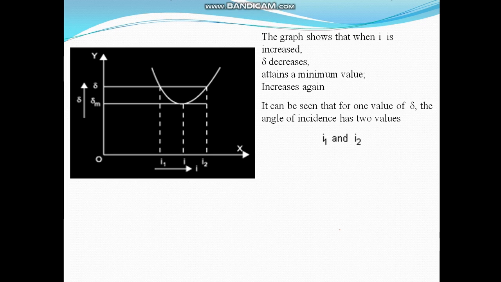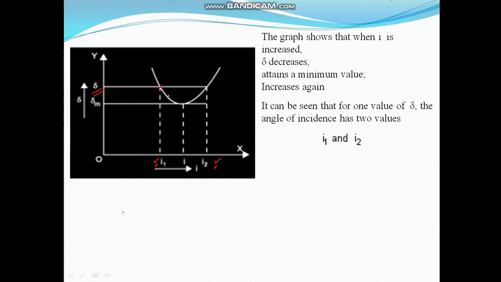You will find that for one value of del, can you see the value of del over here, right? For that value of del you have two angles of incidence. That means this value of del is applicable for I1 and I2. That means I will get this value of del for I1 also, right, and I2 also.